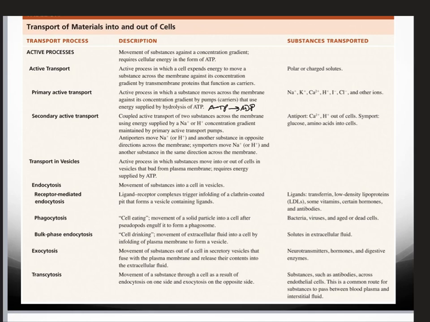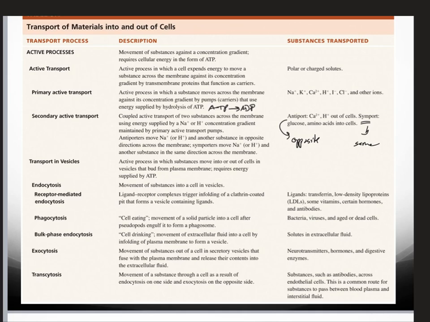Symporters move sodium or hydrogen and other substances in the same direction. So sym means same and anti means opposite or against. So glucose and amino acids are going to be moved into the cell in conjunction with sodium, while calcium and hydrogen move out of the cell with their sodium or hydrogen counterparts.